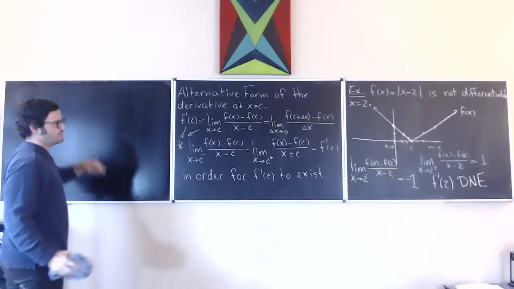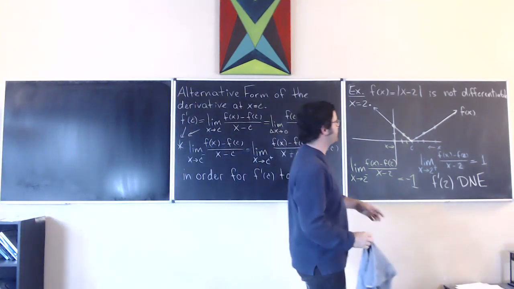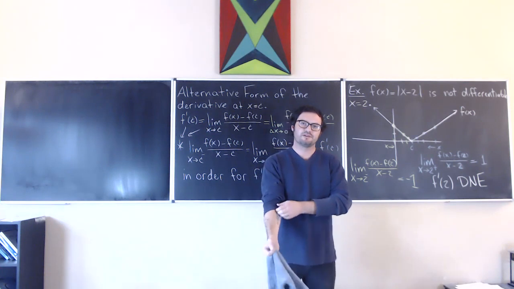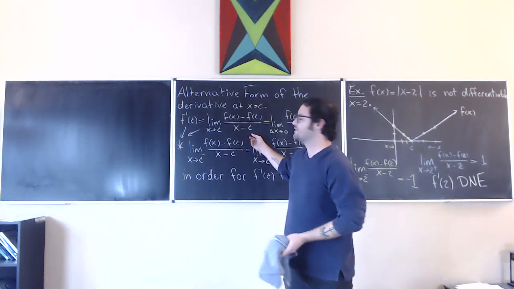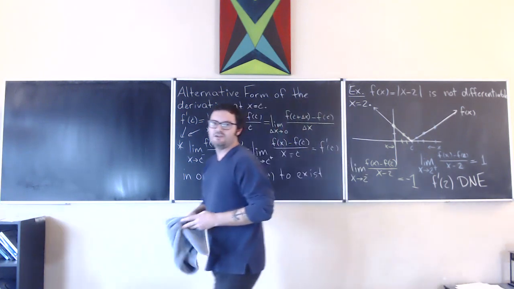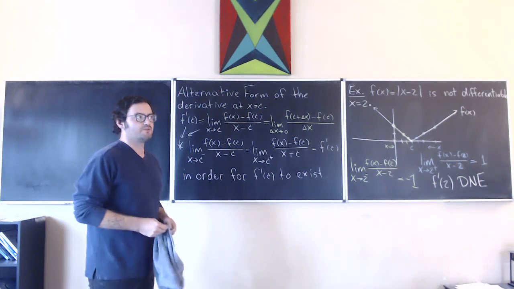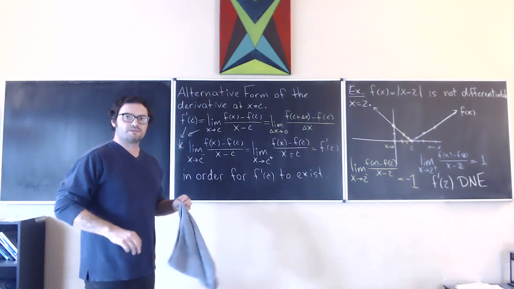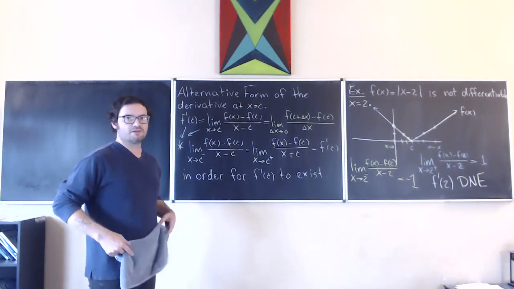So one thing that might be useful for you to do, and I encourage you to do, is to try to think of other functions that don't have derivatives. This is one example here. Can you think of other functions where this limit is not going to exist? Being able to construct such functions can be a very useful tool. Constructing examples in mathematics in general is a useful tool.